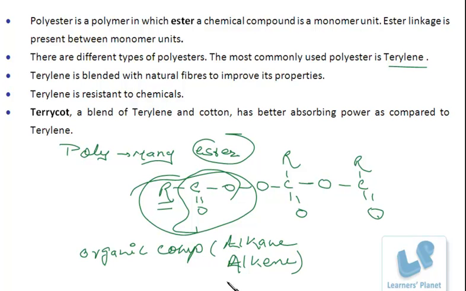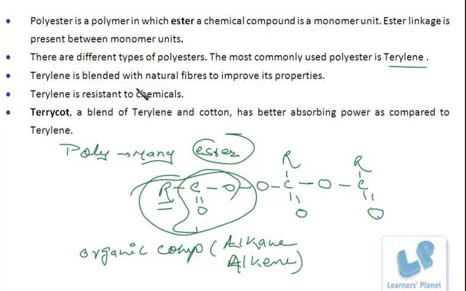It's not necessary for you to remember these terms. Do remember there are different types of esters, and depending on the type of ester present, the polyester can be of different types. The most commonly used is Terylene here.